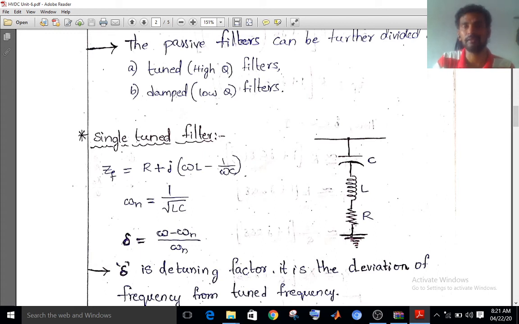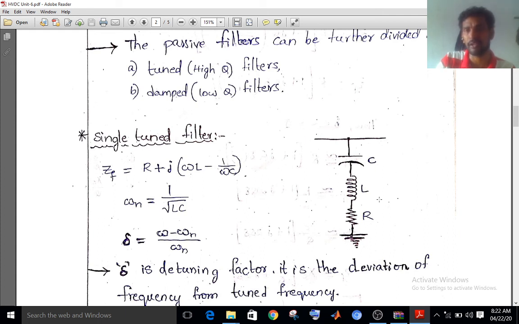Single tuned filter. On the right side of this slide we have a circuit. That circuit contains three components R, L and C, connected in series. This element will be connected in shunt with the HVDC converter station as a filter.